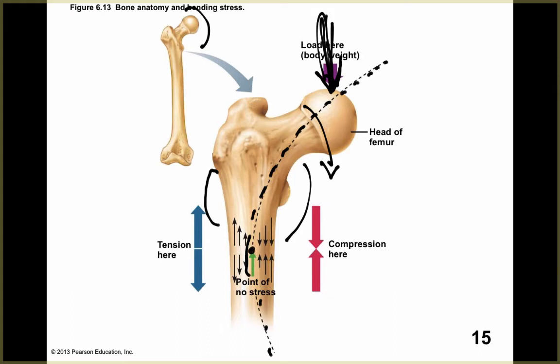And so this is the point of no stress. You have compression happening here. You have tension happening here. And you'll notice on this top part, it's the thickest because there's more stress.